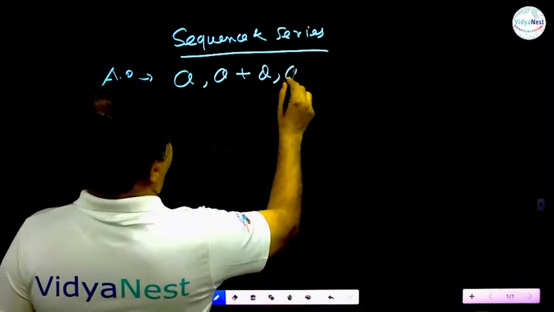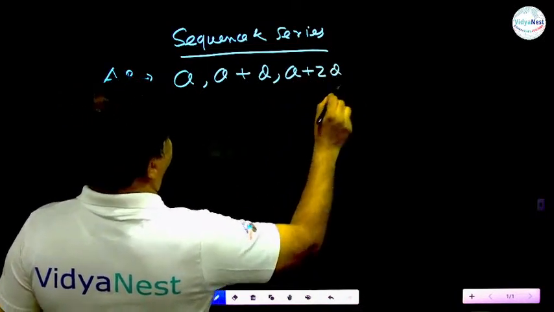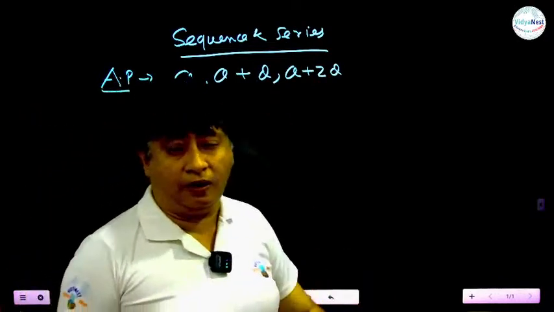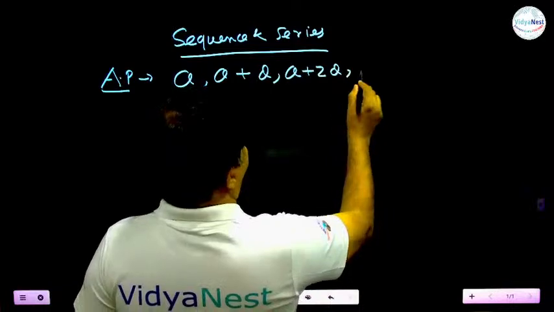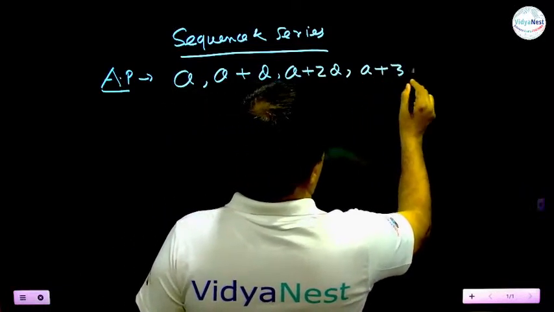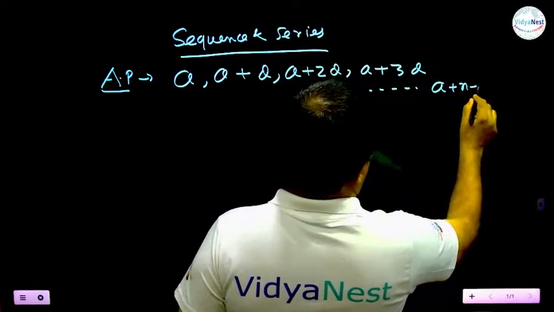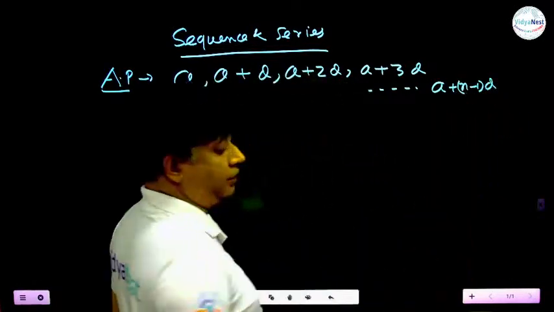The series will be either ascending or descending. In this way, it was terminated at a plus n minus 1 into d.